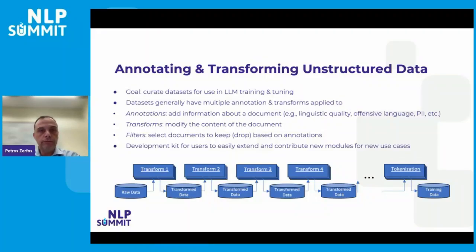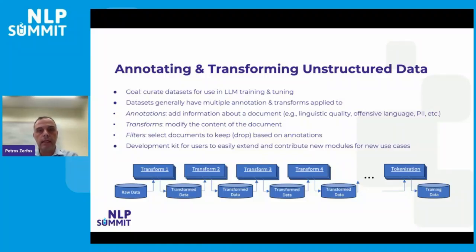The transforms modify the actual content of the document that has been ingested. The annotations add some sort of characteristic, some score, for example, that might denote quality of a given document. That could be linguistic quality, a note on whether offensive language is found in the document, some personally identifiable information, or something else.